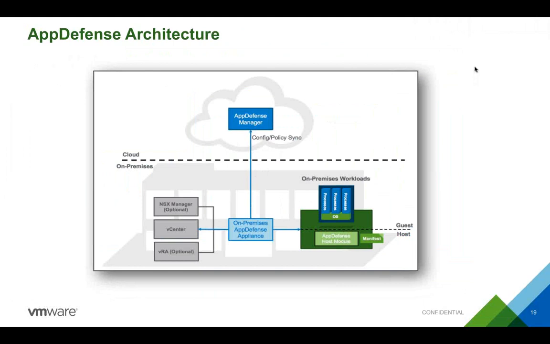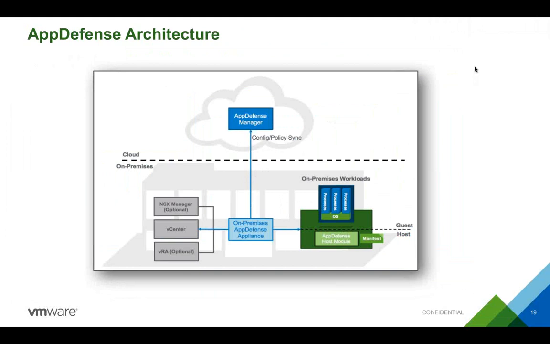So changing gears, I'm going to talk to you about what the architecture looks like. As I mentioned earlier, AppDefense is a SaaS application. We have AppDefense Manager, which is running in the cloud, and it is the heart and brain of AppDefense, because it's a multi-tenant SaaS manager running in the cloud that provides each tenant a view into their application's intended state.